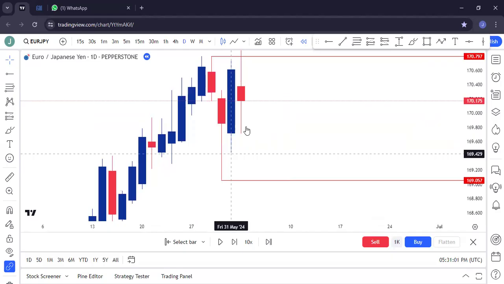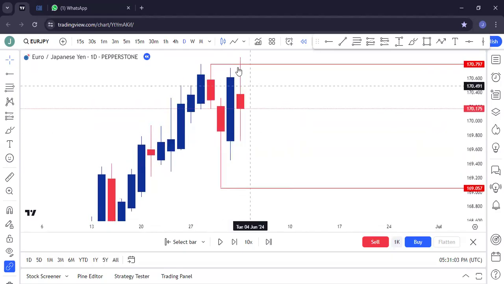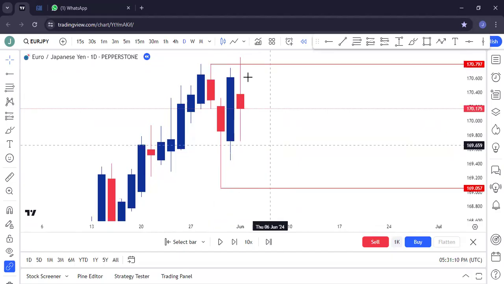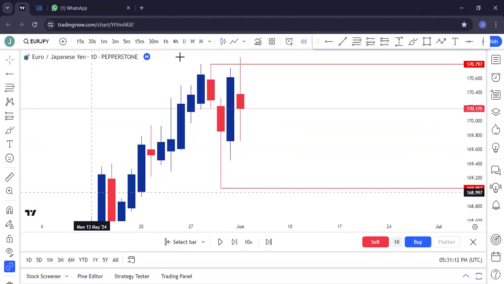So if you see this action, you have to position yourself for sales rather than buy entries. So look close here.